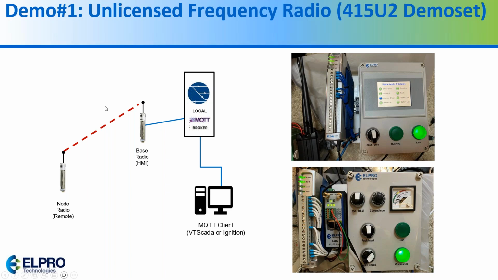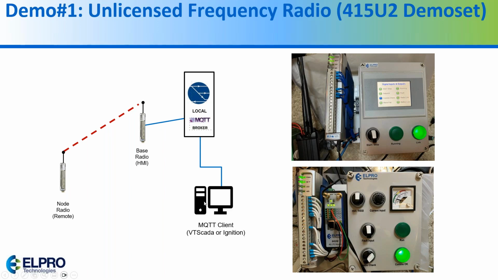What I'm doing here for demo 1, if you have a demo set, these are pictures of the actual ones I'm using right now. Here is the 415 U2 connected to the HMI, communicating to the remote node, which is the picture at the bottom.